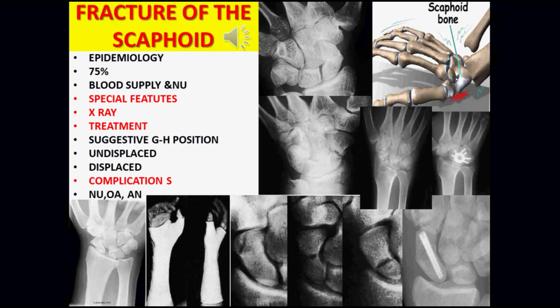If there is no union, we can put the patient in a cast for another 4 weeks to maintain the position and to ensure healing. After that, we re-examine the patient, and if healing occurs, that's all. If not, we may intervene.